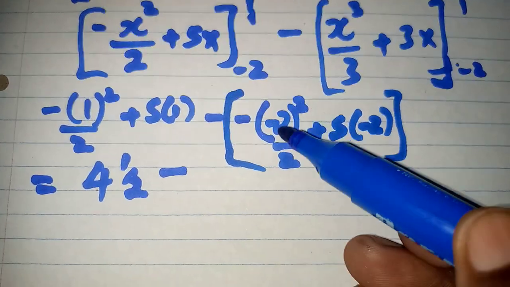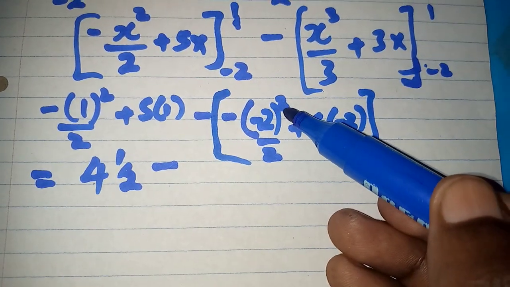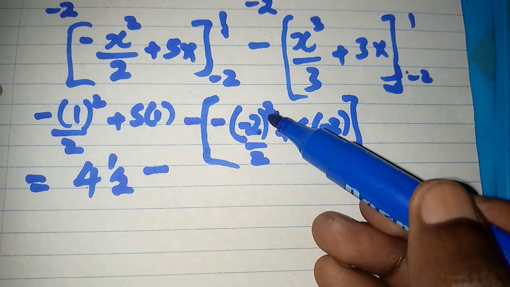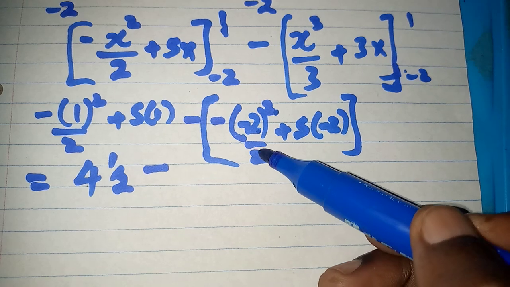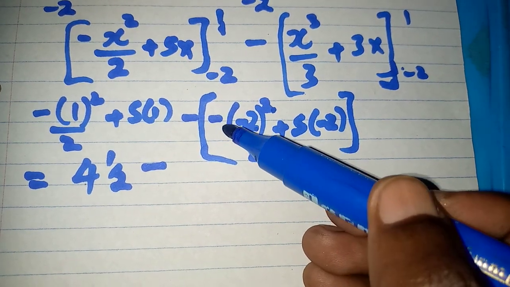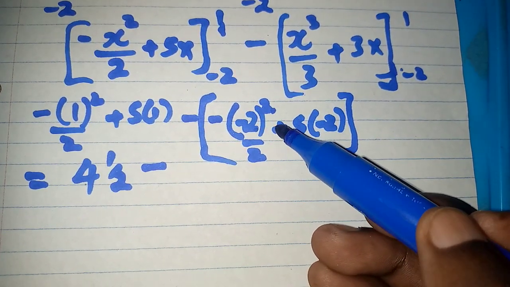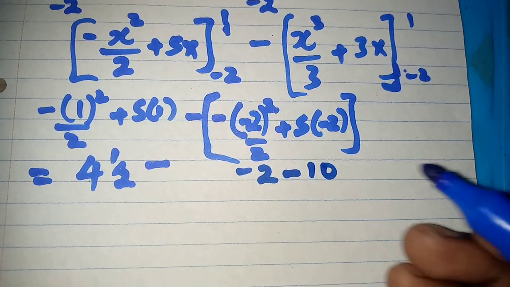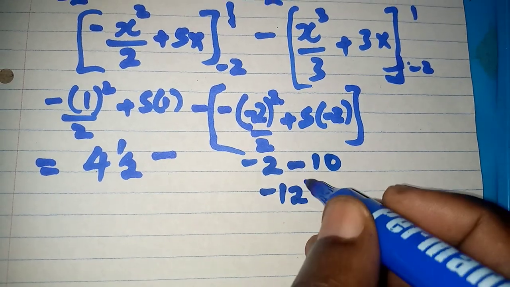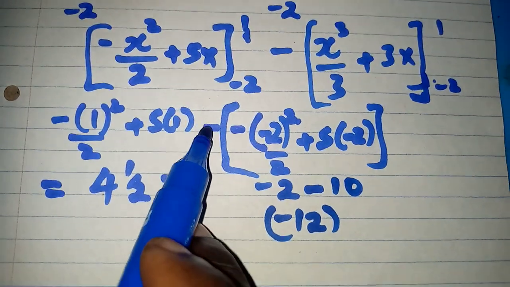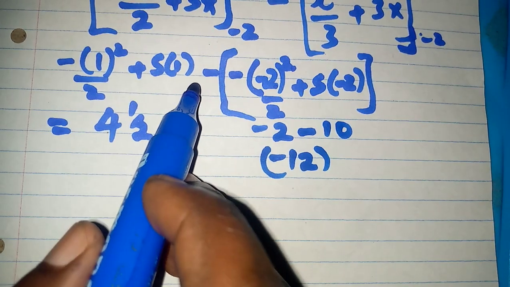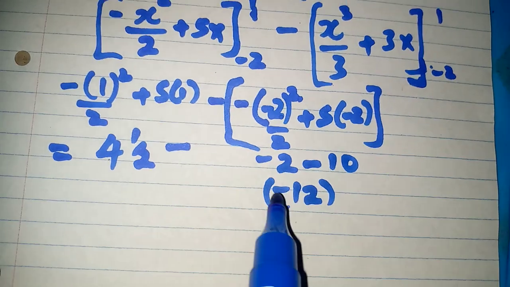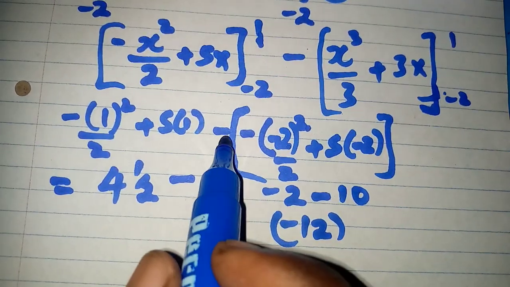Computing this, negative 2 squared is 4. 4 divided by 2 is negative 2. Negative 2 minus 10 is negative 12. But remember, I have a negative outside.